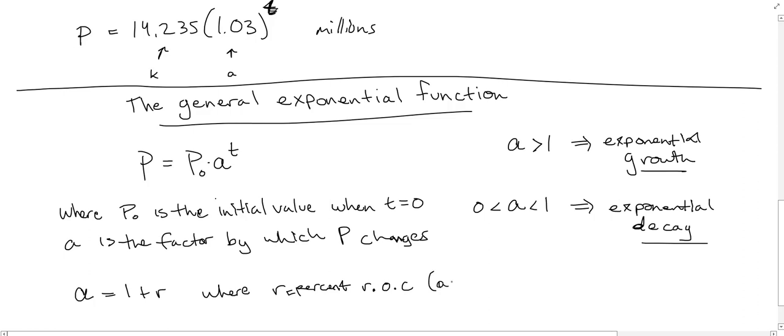Earlier, this was 3%. So in that previous example, 3% is 0.03. So it was 1 plus 0.03, which is exactly what we had up here, 1.03. So that's how you can talk about a.